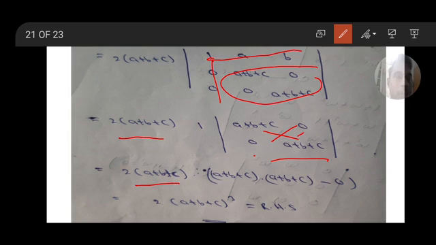So 2 into (a+b+c) whole cube, that is the RHS.